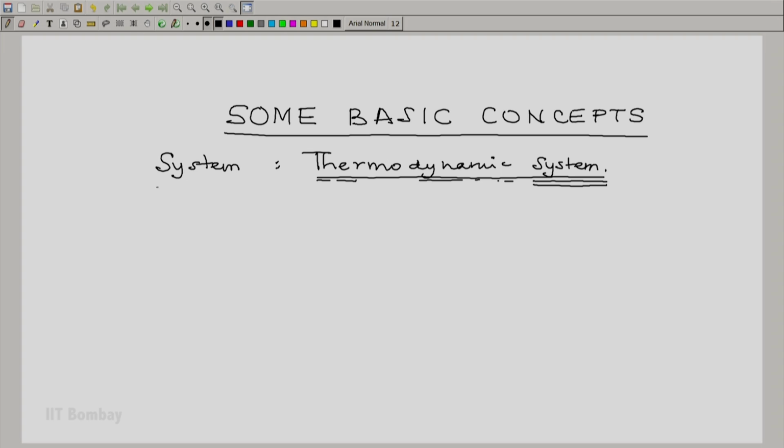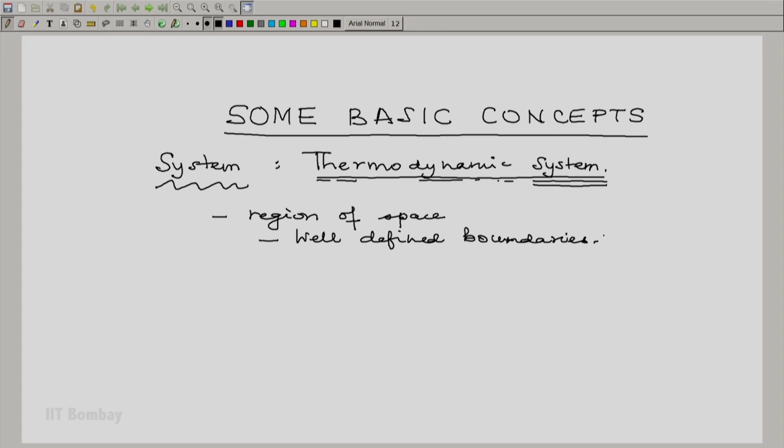Now what is a system, or what is a thermodynamic system? For us, a thermodynamic system is essentially a region of space bounded by, or with, well defined boundaries. Boundary or boundaries, singular or plural, is left to us.